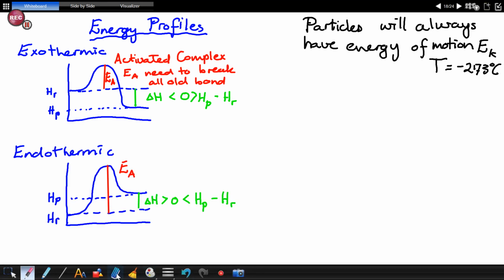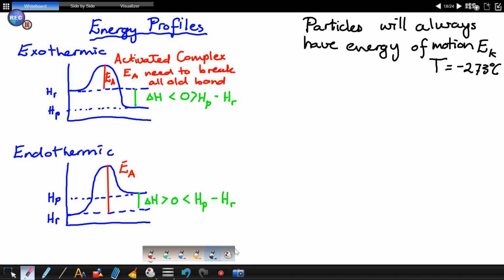That's the only place where the particles will stop moving. So that's what the kinetic molecular theory of matter told us.